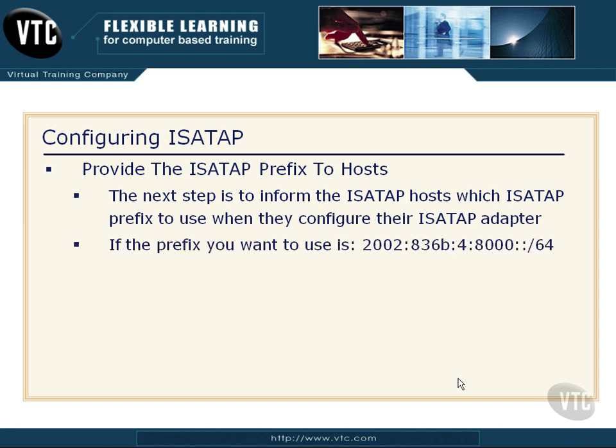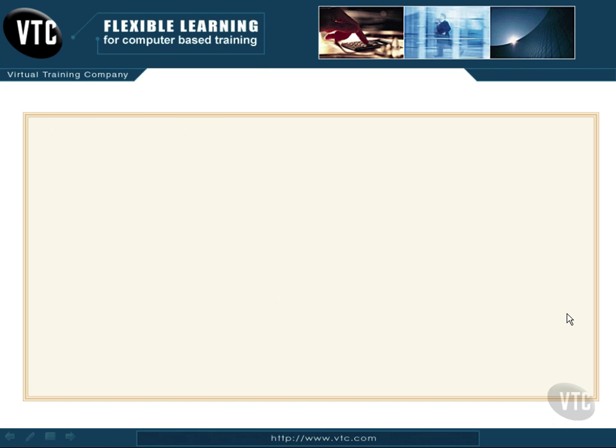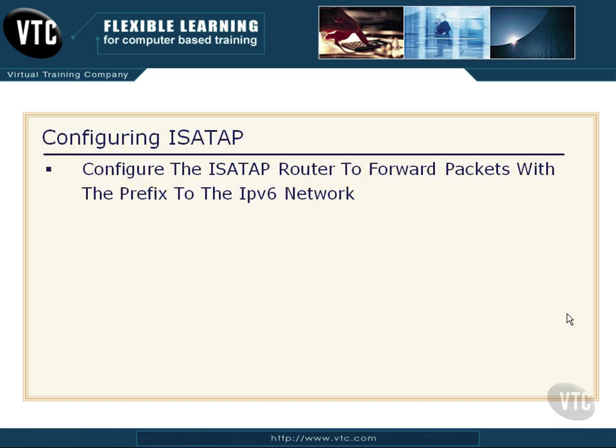If the prefix I want to use is the one that I pointed out to you just a couple of minutes ago, 2002, 836B4, and 8000, and notice we're using 64 bits as our network ID, then once again I'm going to use the netsh command: netsh interface IPv6 add route, and I give it the prefix that I want, the interface ID, publish equals yes. And at that point, I have published the prefix that I want.